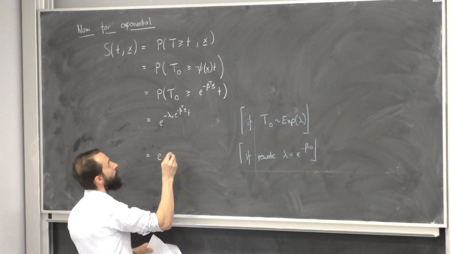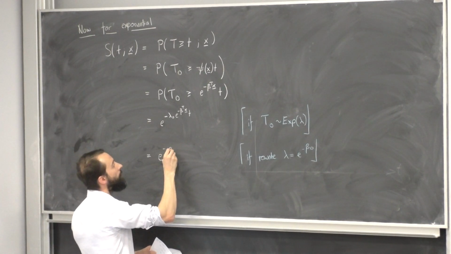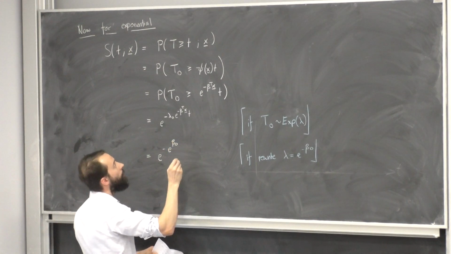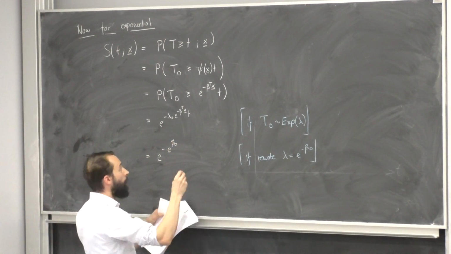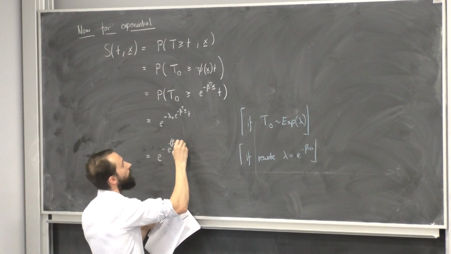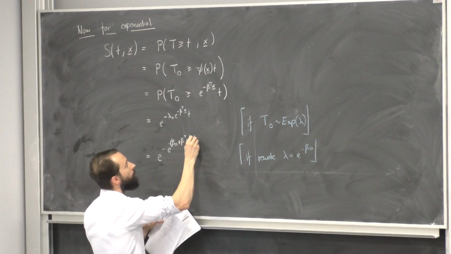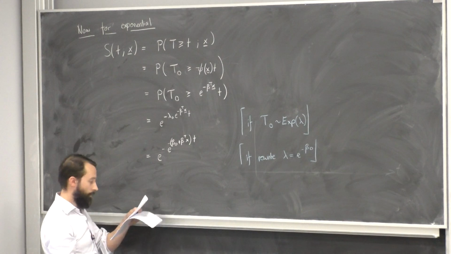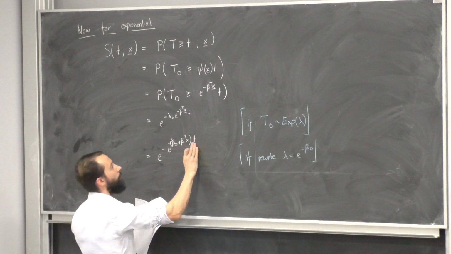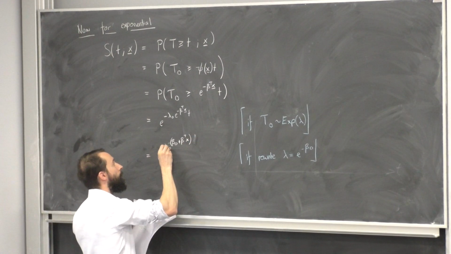So that works out to be e to the minus e to the beta naught plus beta transpose x times t.